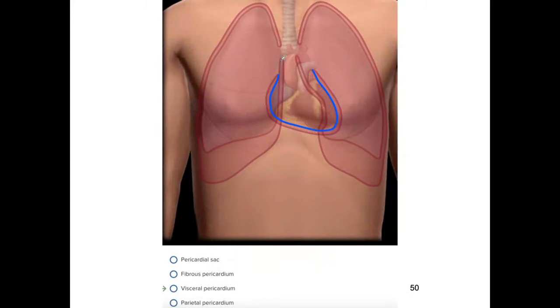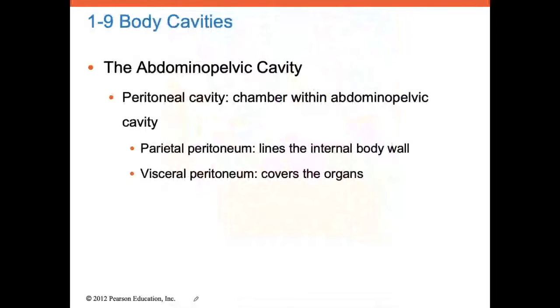Same thing. Oh, so this was one that showed up on one of the Connect quizzes. So what is the highlighted structure? That happens to be the part that's closest to the organ, which is the visceral pericardium. If it was the black line here, then it would be parietal pericardium. Okay, but it's asking for the blue, so it would be visceral pericardium.